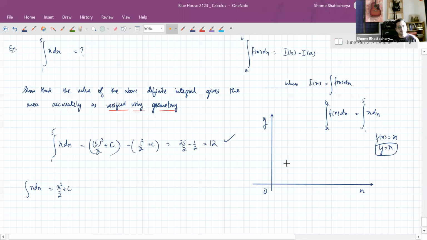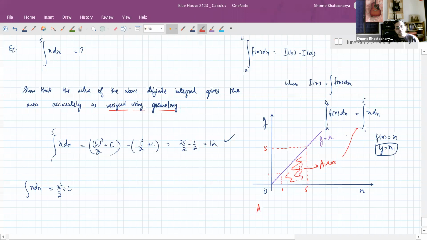That's a simple straight line which has a slope of 1. So this is our function y equals x, and let's say this is the value 1, and somewhere here is the value 5. The area we are talking about is this.